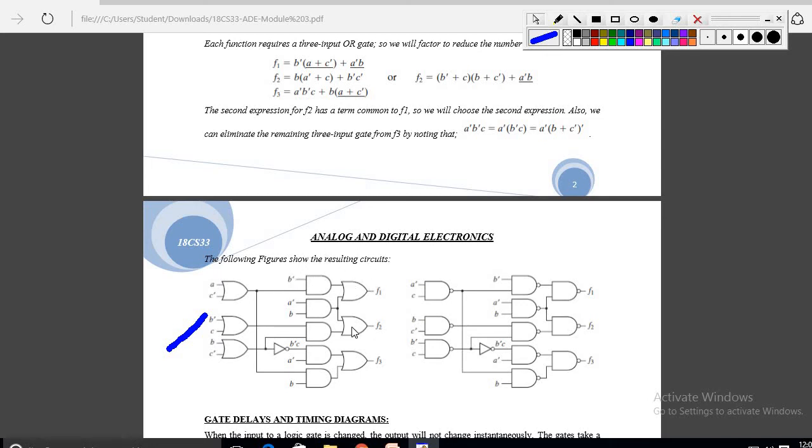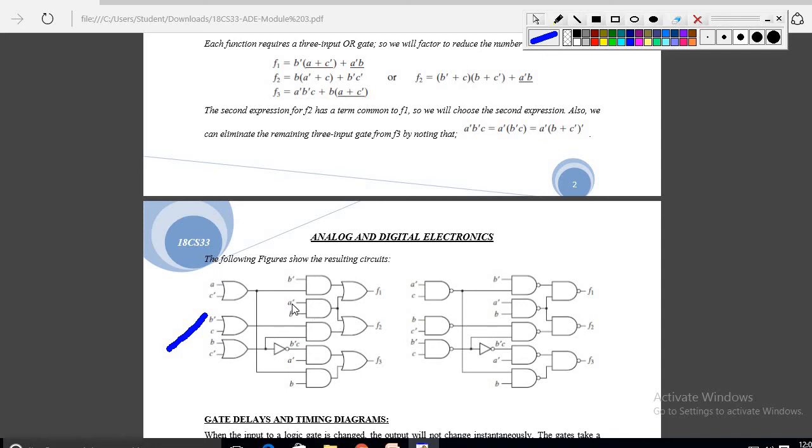Is it clear? So the second, for F2, again here B bar C bar is there. Wait a minute. Here B bar C, no, you have to write for this. See here A bar B is taken directly, A bar B input one.